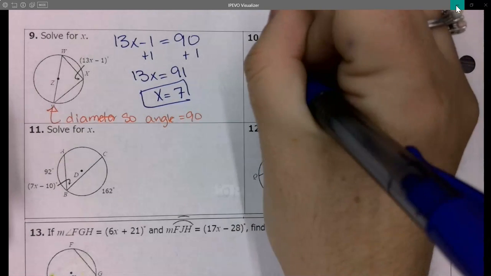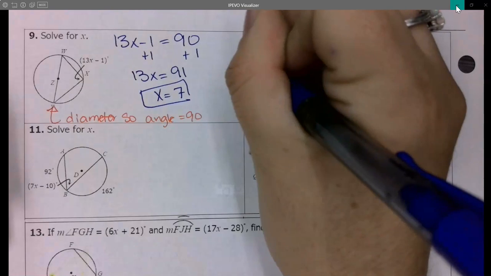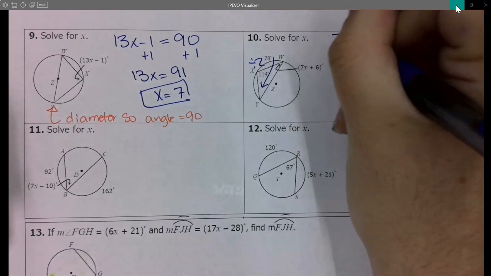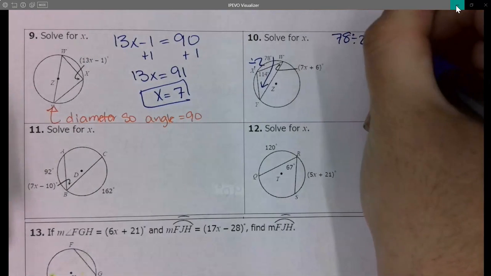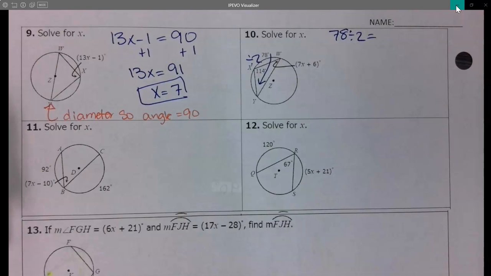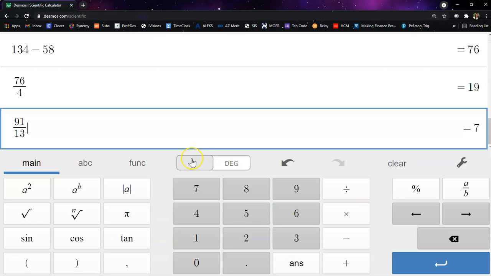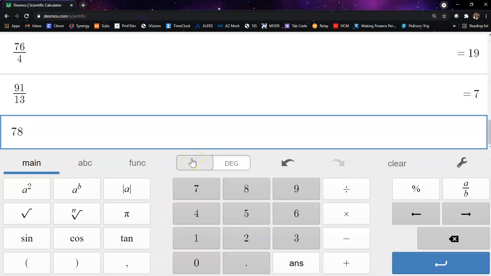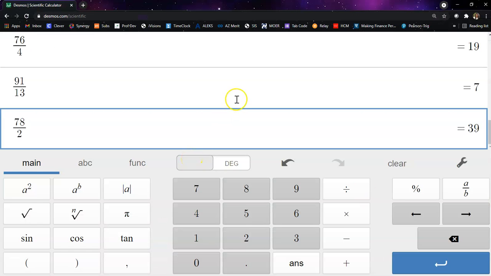So I want to find half of 78 by dividing by 2, which gets me 39.